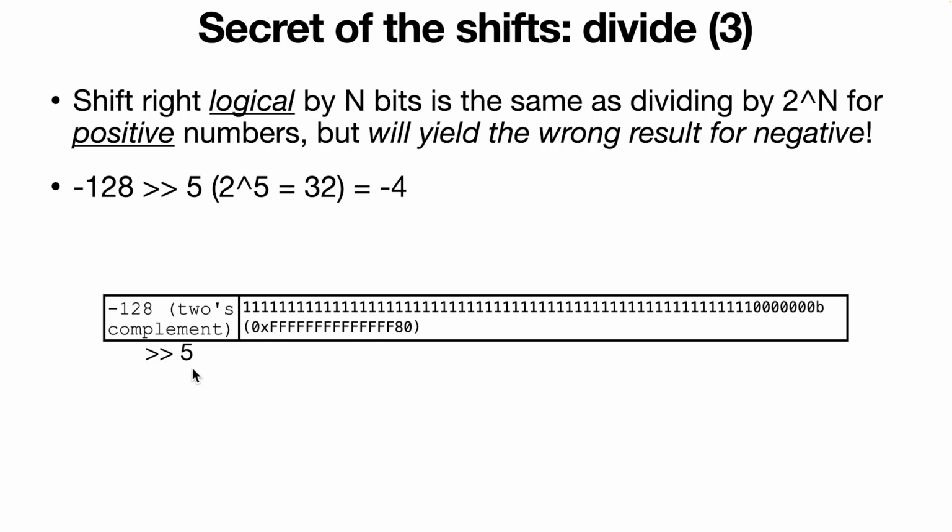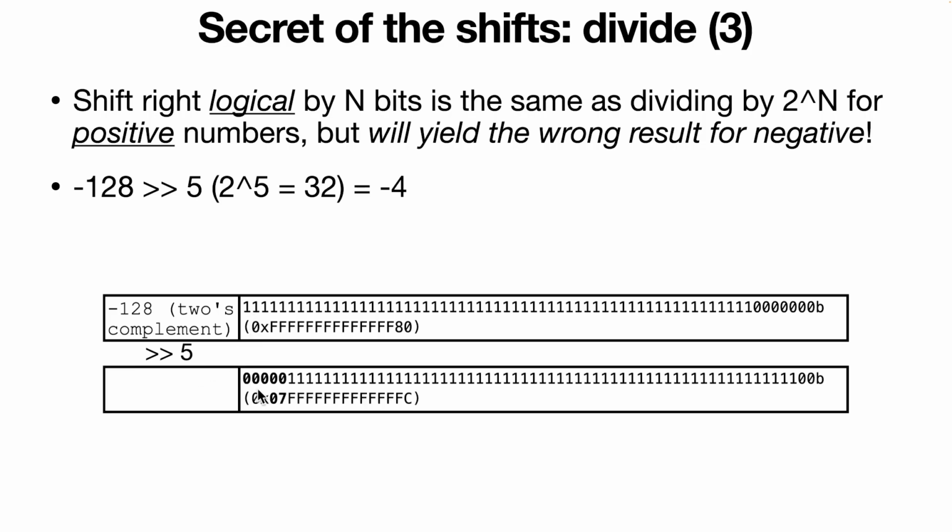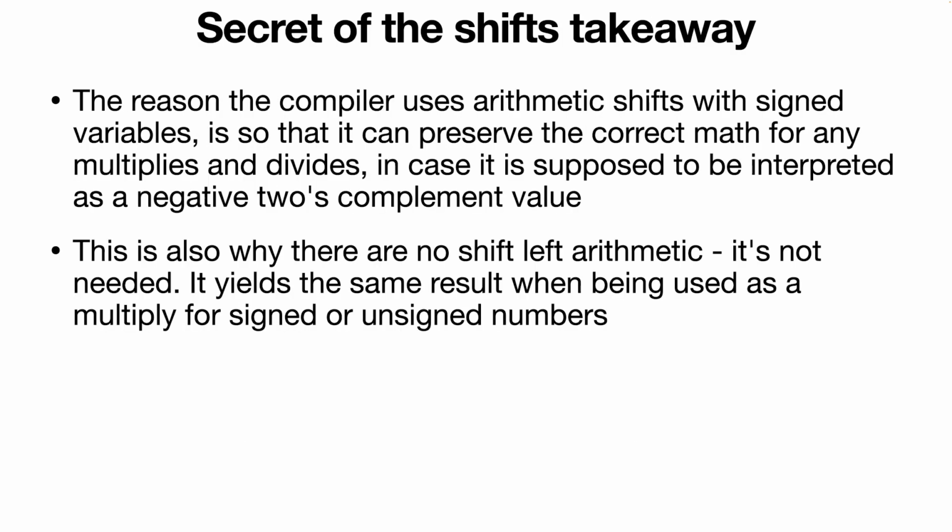If we shift that right by 5, but instead we do a logical shift where it's always filling in zeros at the most significant bits, then this is definitely not negative 4. This has turned into a positive number, specifically that positive number, and that is definitely not correct. So again, when it comes to divides, that is where we have arithmetic shifts to fill in the most significant bit, keep negative numbers negative, keep positive numbers positive, and that's kind of the whole point with arithmetic shifts.